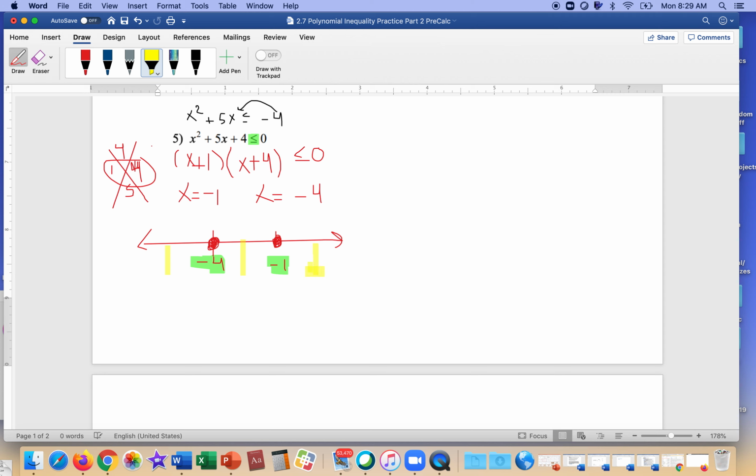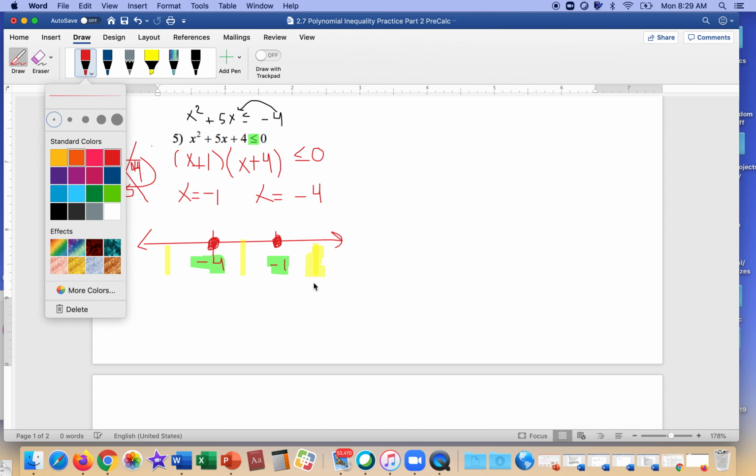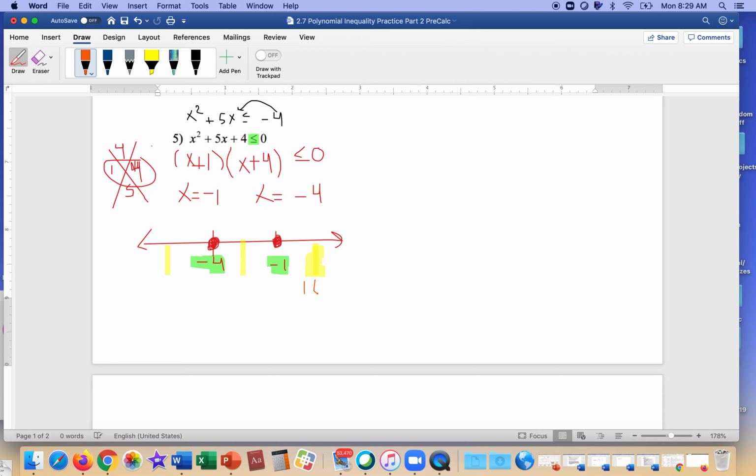So over here on the far right, I'm going to try 0. If I test 0, and I'm going to plug it into the factored equation in both x spots, it's a lot faster. If I plug in 0, I would get 1 times 0 plus 4 is 4. And if we ask ourselves, is 4 less than or equal to 0? No, it's not, so we don't shade there.